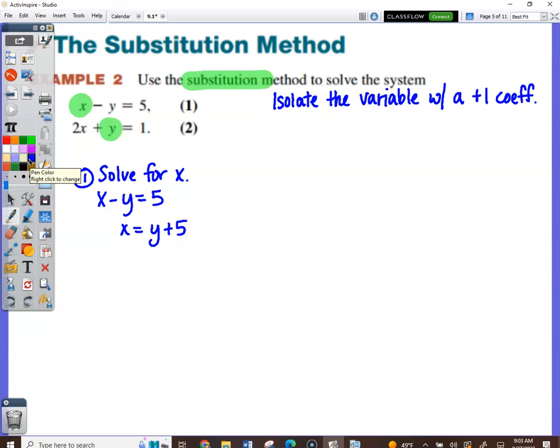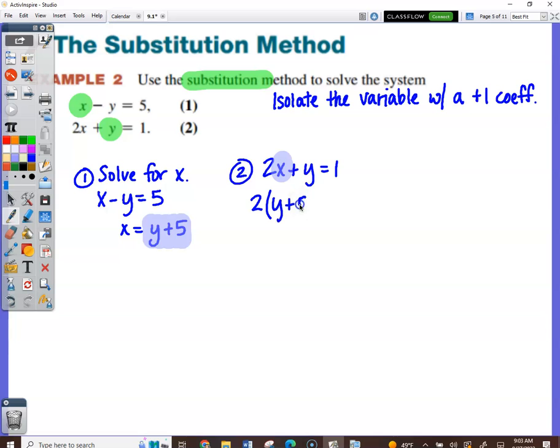So now I'm going to take equation 2, copy it, and plug this in here for x. So 2 goes in front, parentheses, because that's more than one thing, right?